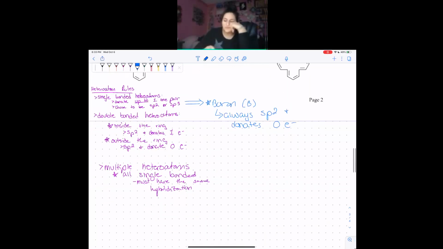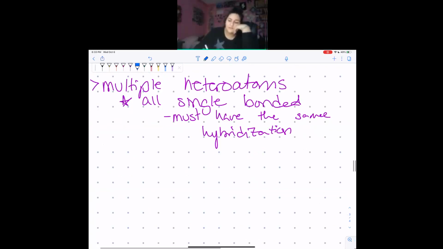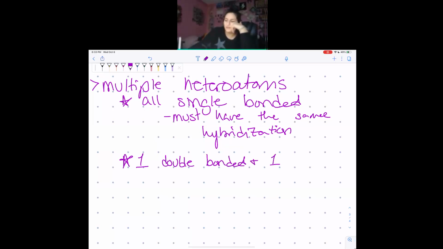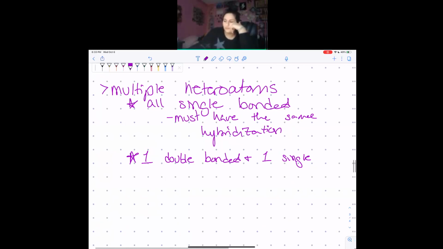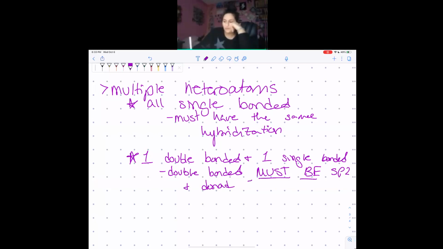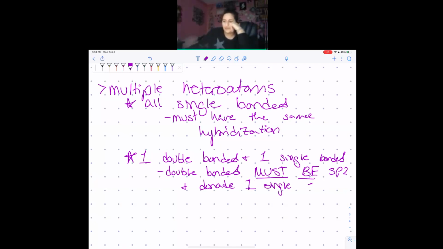So the other rule, if you have multiple heteroatoms and they're not all single bonded, so let's say we have one double bonded plus one single bonded, the double bonded one must be sp2 and donate one single electron.